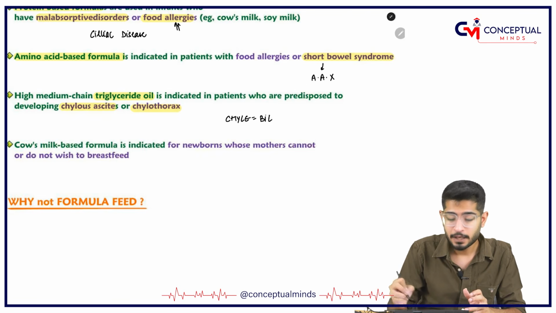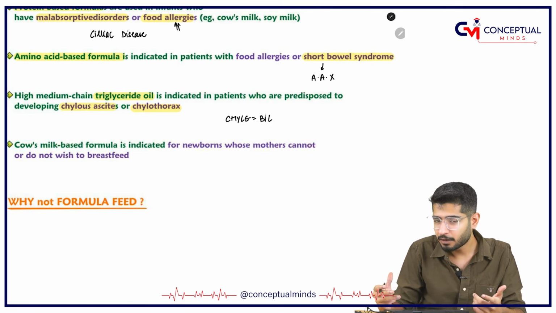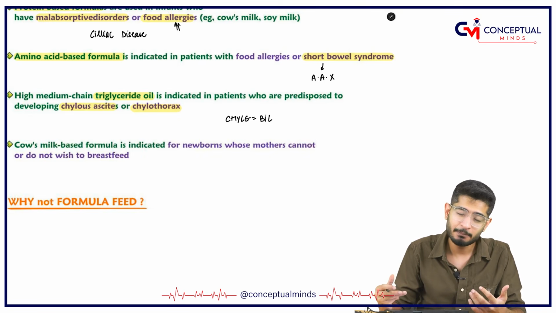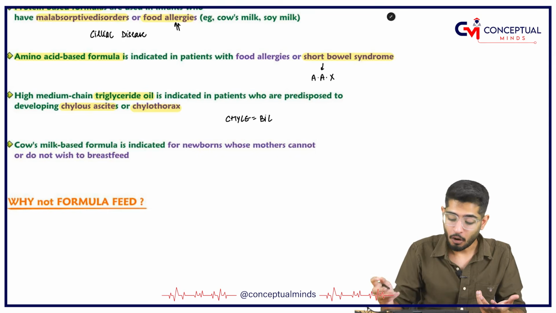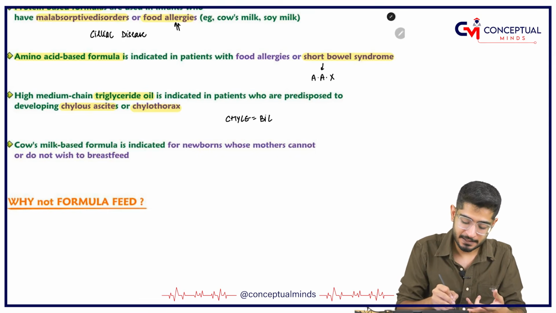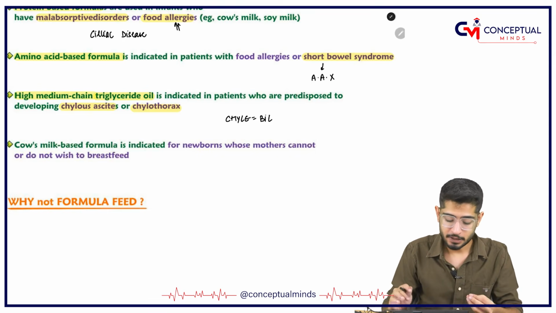So if the child has bile in the thorax, chylothorax, or in the peritoneal fluid, that means chylous ascites, you have to give them something, and that is going to be high medium chain triglyceride oil. This is something that is indicated in these small little children.